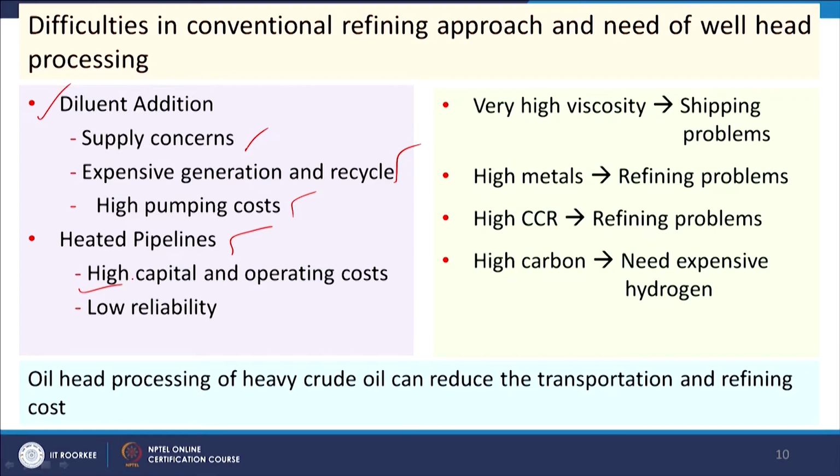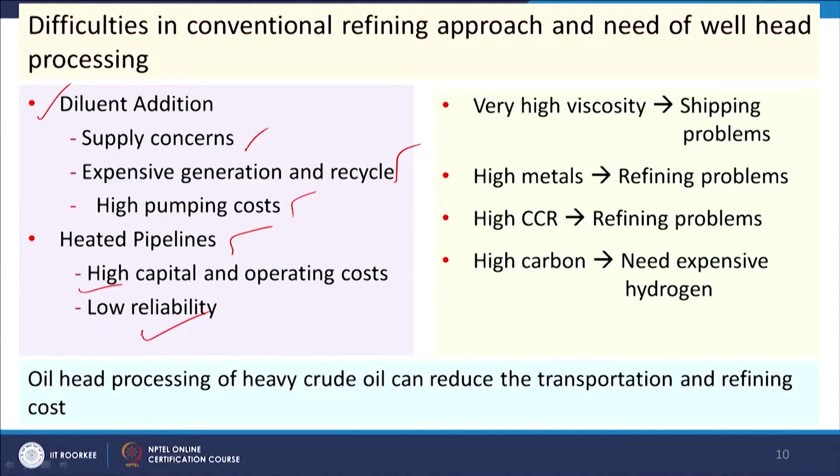So, high capital and operating cost is needed and low reliability. We do not know whether it will work, or it may be affected by some external factors, or maybe some fault at any time. So, it is not so reliable a solution, the reliability is less, and very high viscosity, it is very high viscosity.